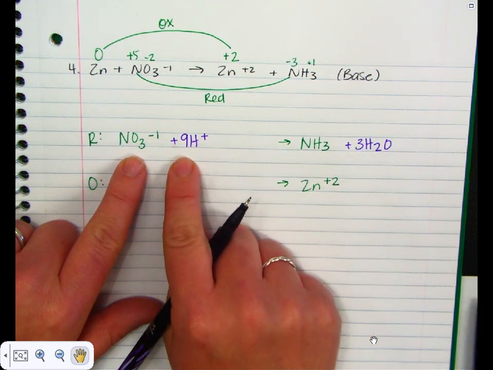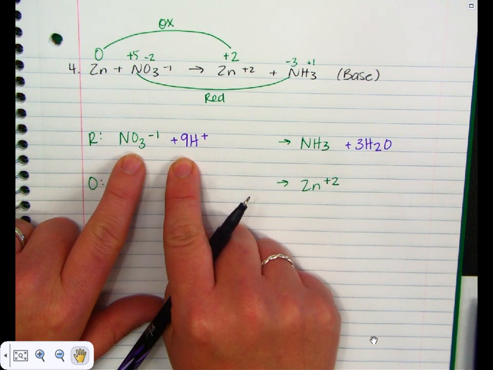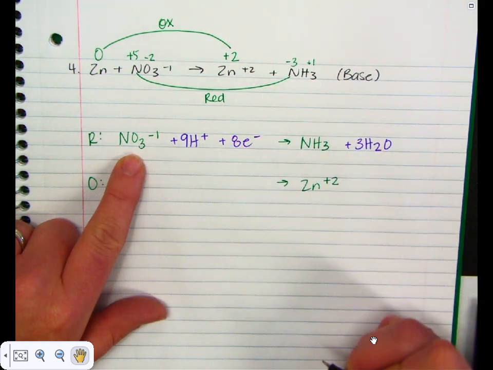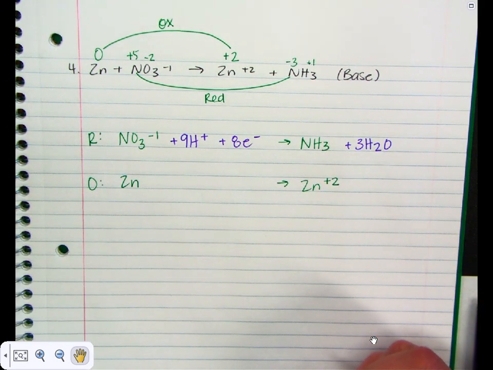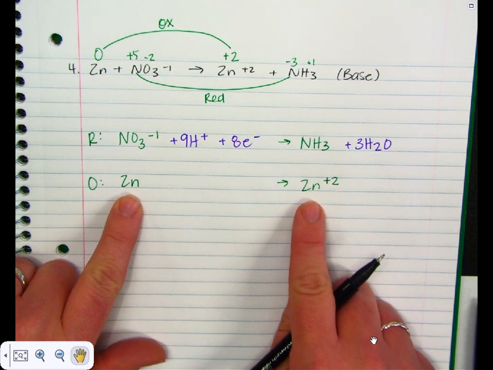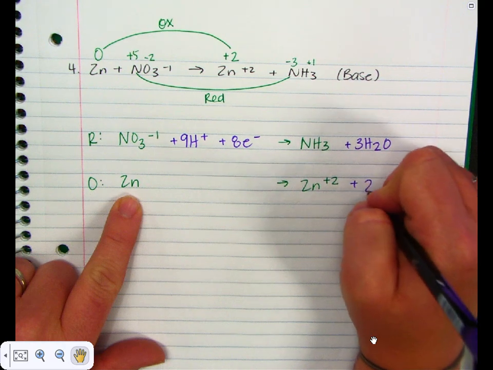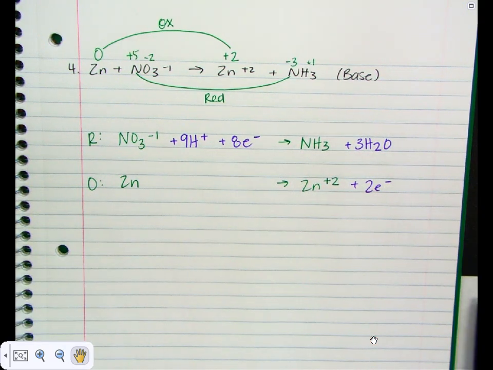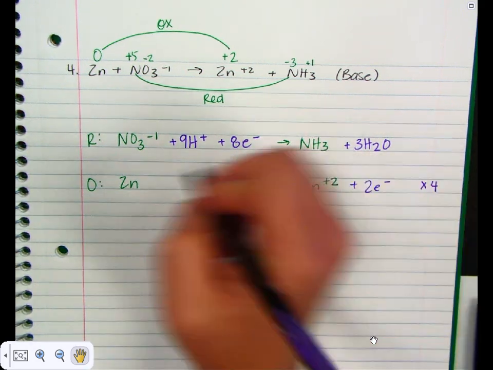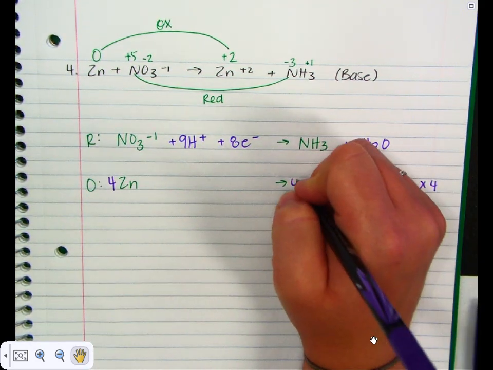And right now I've got 9 minus 1 is 8. So I've got a positive 8. So I'm going to have to add 8 electrons. All right, so that side's good. Now let's look at this side. Zinc is going to make Zn plus 2, so it's going to lose 2 electrons. All right. And 2 and 8, I'm going to have to multiply this bottom one by 4. So it's going to make 4, 4.